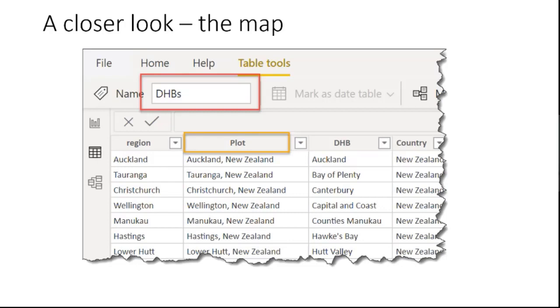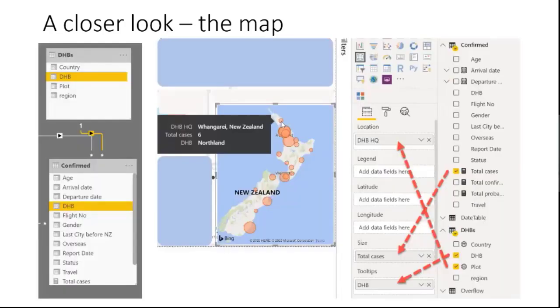And with that, I can then connect my plot table, or my DHBs table, which has the plot column, and I drag the DHB to the DHB of the confirmed cases table. So these are now connected via the DHB column.